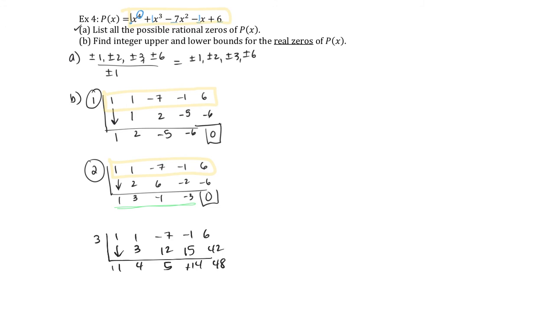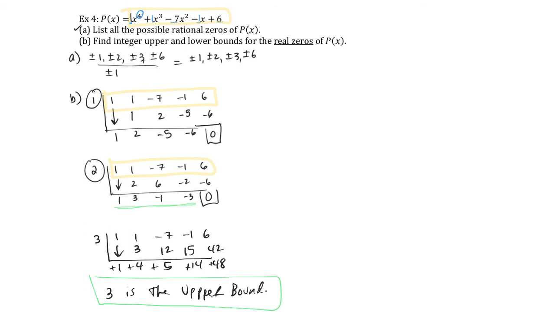And notice these are all not negative. It could have been a 0 in there, and that would still let us know that 3 is the upper bound. Good to know.